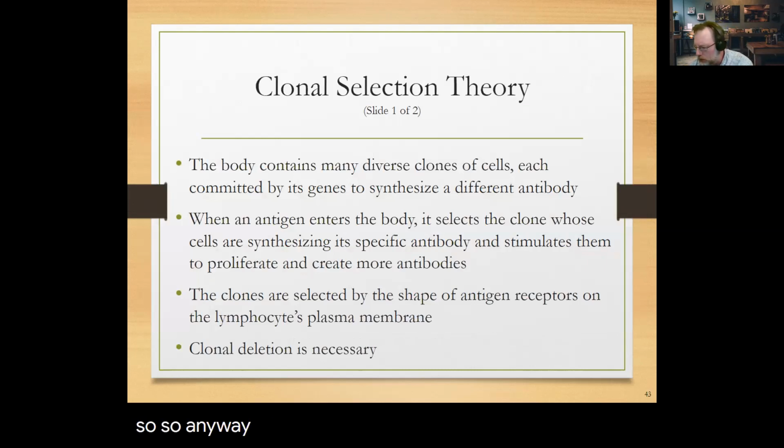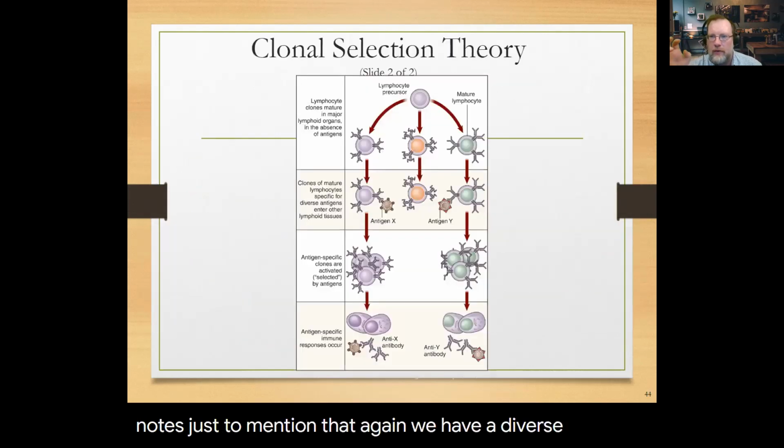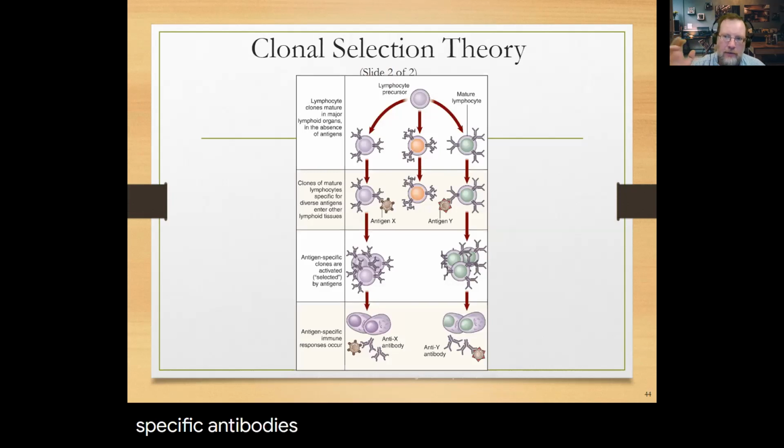What else was I going to talk about? Oh, clonal selection theory. I think I had in my notes just to mention that, again, we have a diverse set of specific antibodies available. And we have the precursor, in essence, the stem cell.